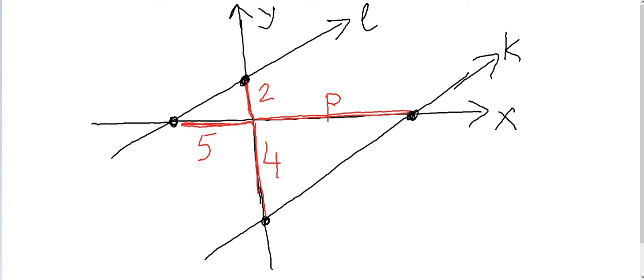So now if you look at this triangle that I'm highlighting in blue and this triangle, they are both similar triangles because this is 90, right, is the origin.